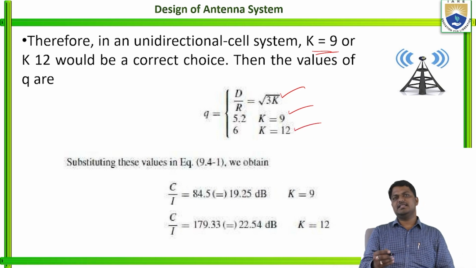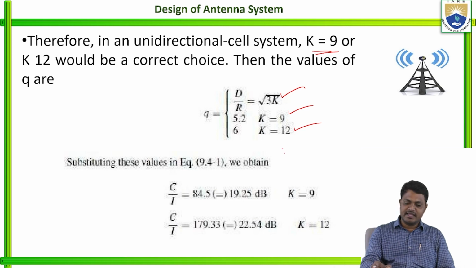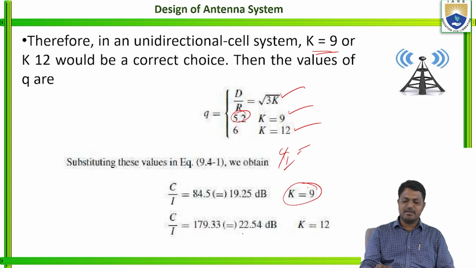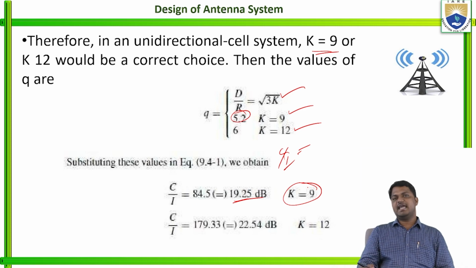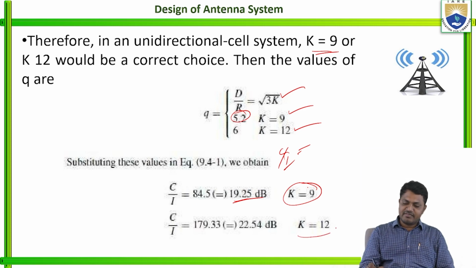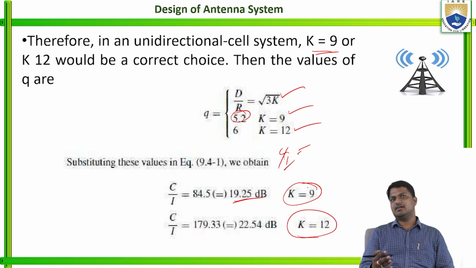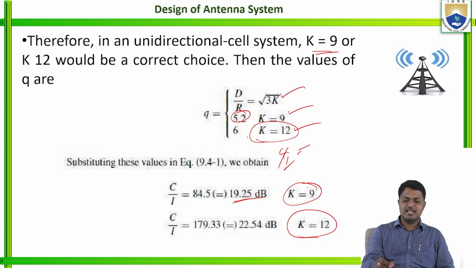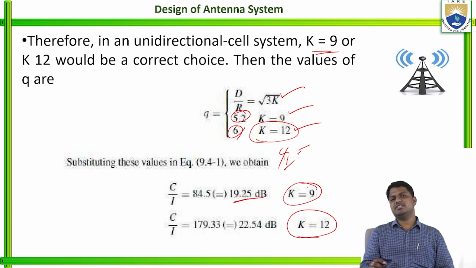By substituting these values in the C by I equation, when K is equal to 9, we substitute the Q value as 5.2, then we are getting 19 dB of C by I value, that is carrier to interference ratio. And again, when the cluster size is 12 and we substitute the Q value as 6, then in the C by I equation we are getting 22 dB.